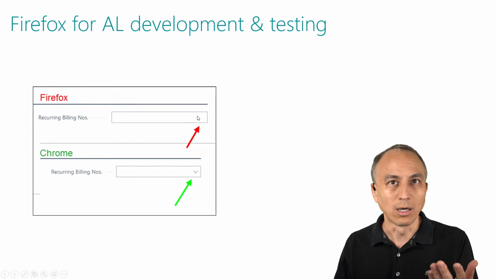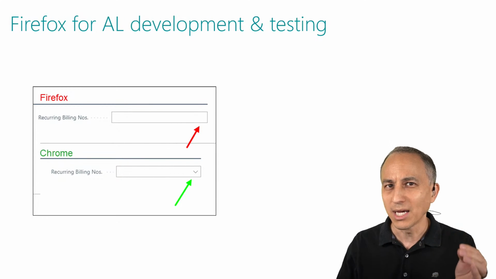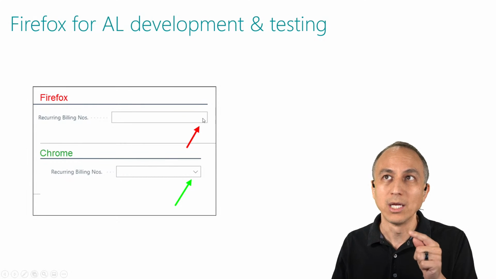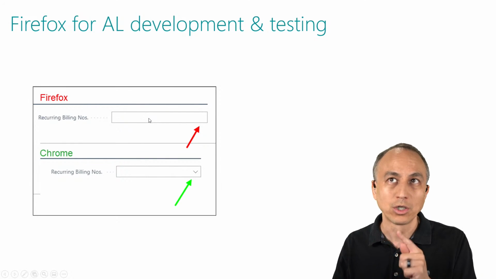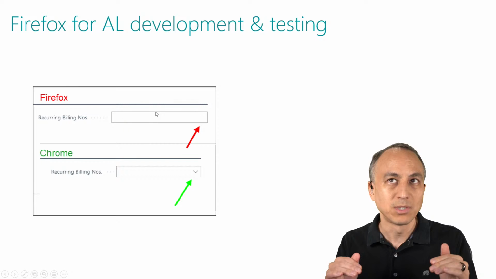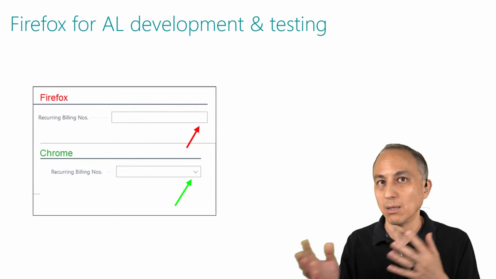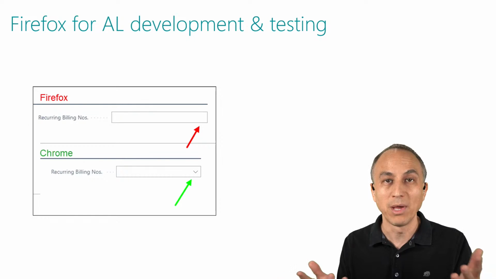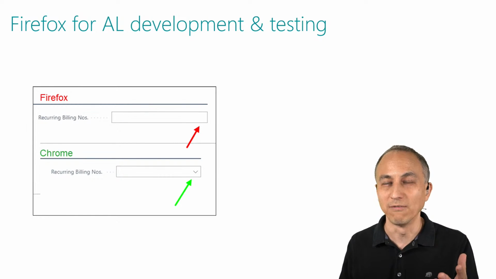It just doesn't work. You refresh the page, sometimes it might kind of work. Like you won't have a drop down arrow here. You won't have a lookup button. You'll click there. Sometimes the number series would display. Sometimes it wouldn't. Sometimes the page would respond. Sometimes the page will be completely unresponsive.